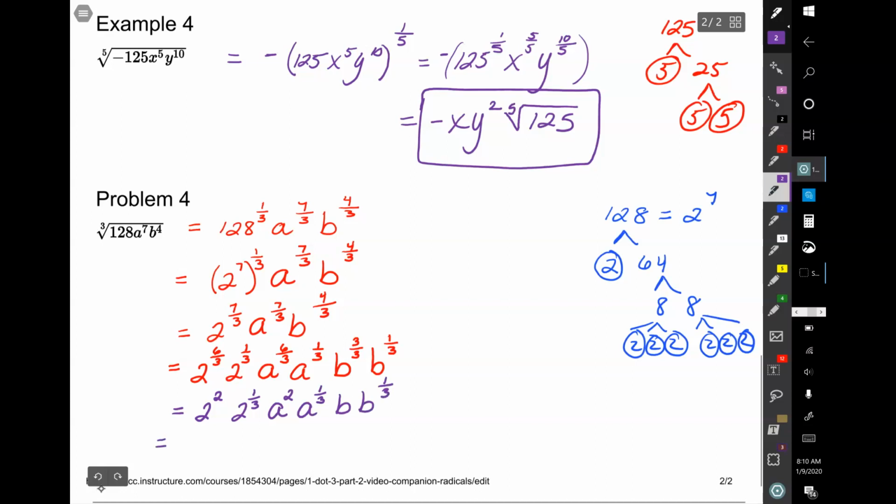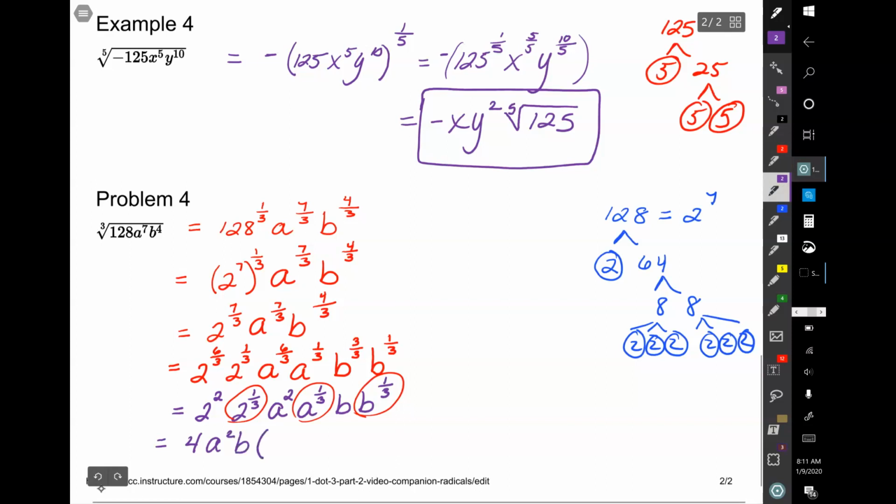So anything that has a natural number for the exponent, I'm going to write out here. So 2 squared would be 4. And this 2 to the 1/3, a to the 1/3, b to the 1/3, I'm going to deal with those in a minute. A squared just stays as is, and b.